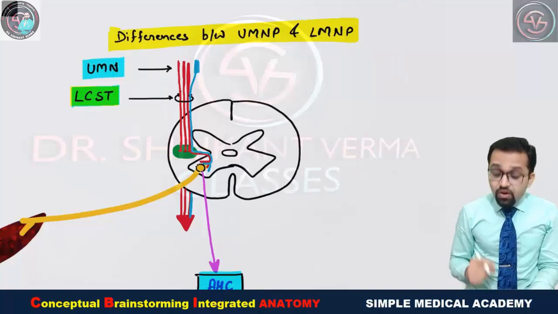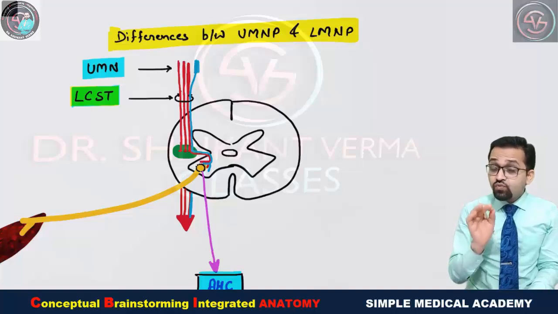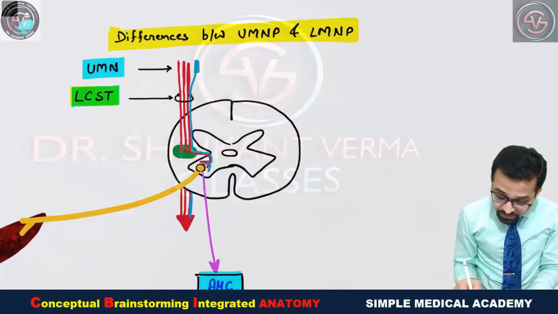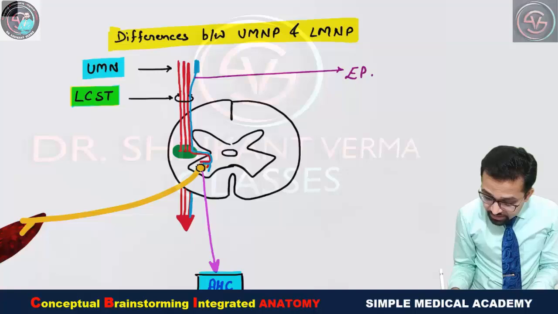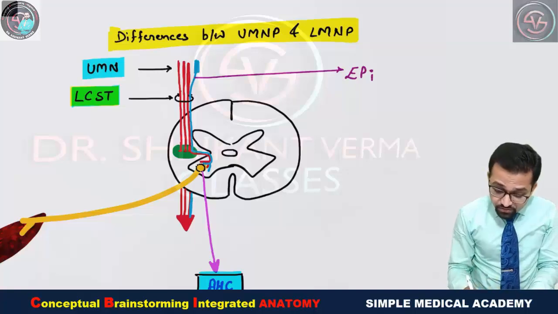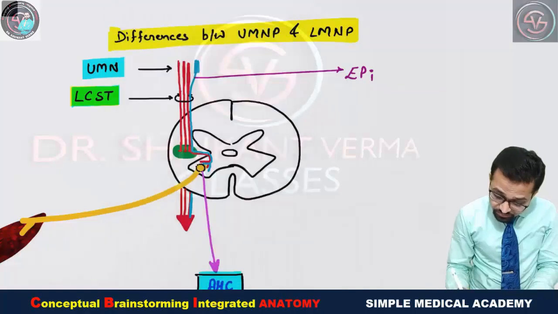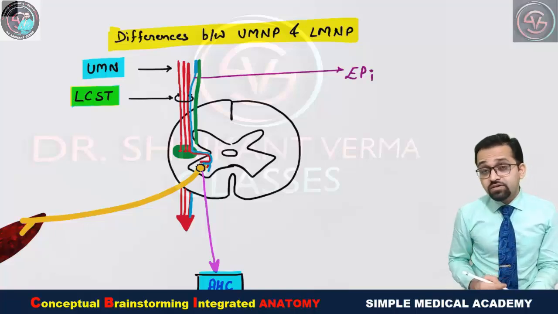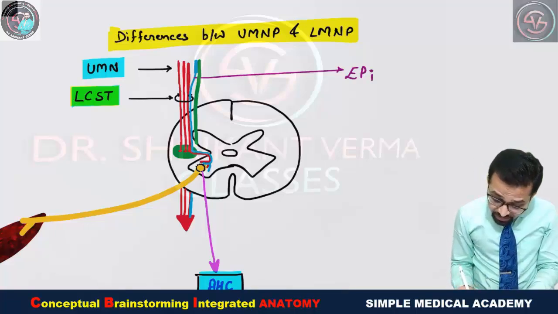The fibers of the extrapyramidal tract which are very close to the lateral corticospinal tract are known as extrapyramidal tract inhibitory fibers, while another set of fibers is there, using the green color. These fibers are comparatively away from the lateral corticospinal tract, but they are also controlling the anterior horn cell.